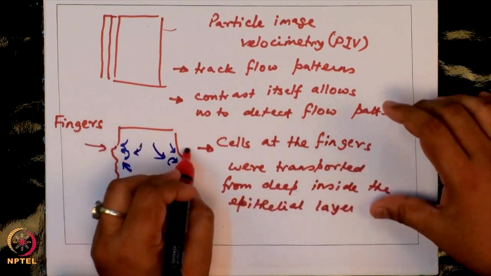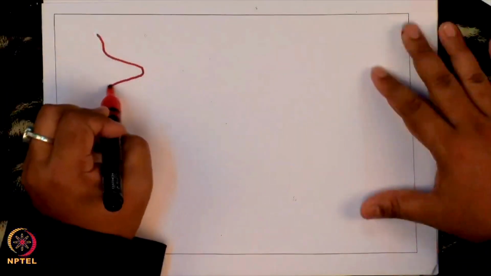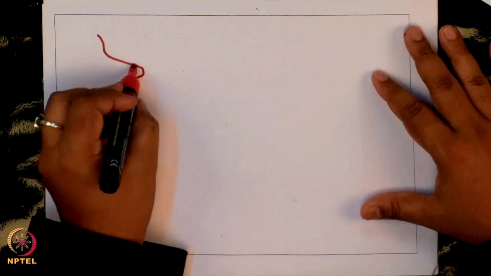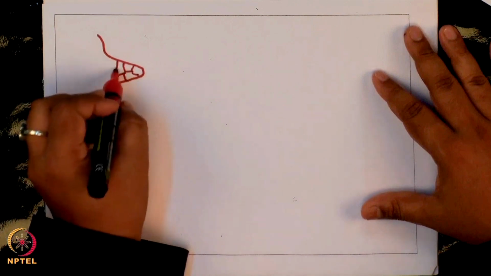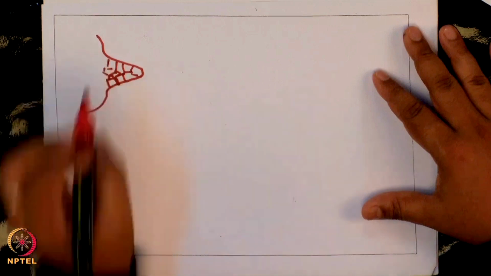So if you zoom into the fingers and ask, okay, what is happening? Why are these very local protrusions being formed as opposed to gradual expansion of the epithelial layer? What the authors found, so if I zoom into a finger, let's assume this is a finger, and you have multiple cells at the fingers, okay, so on and so forth, these are the cells.